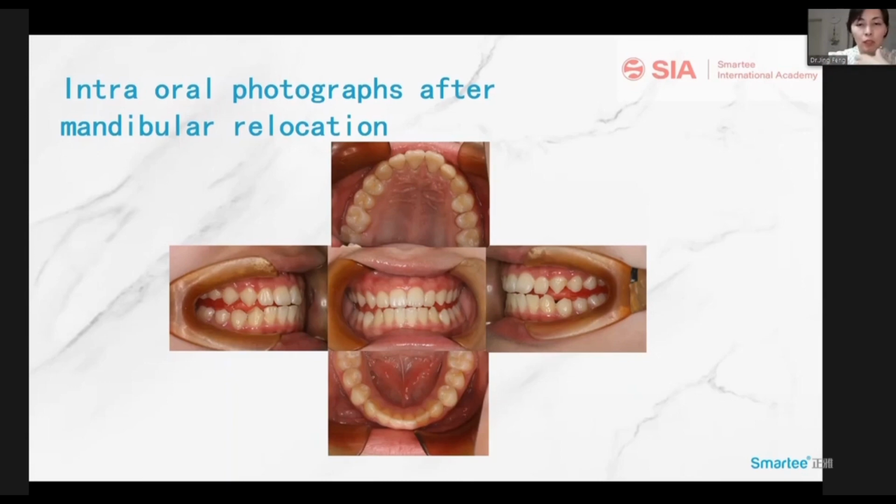So we just move the lower jaw straight forward, and without the constriction of the upper lateral, the midline was corrected anatomically, but still something is left. We have to correct it using the inclination.